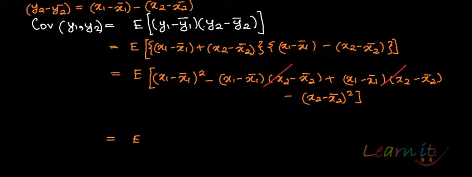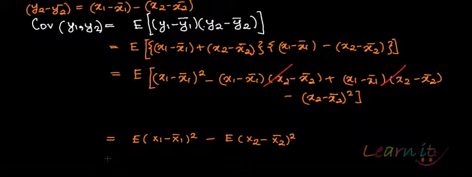E of (x1 minus x1 bar) square minus (x2 minus x2 bar) square, which on simplification can be written as E of (x1 minus x1 bar) square minus E of (x2 minus x2 bar) square. Is that right? What is E of (x1 minus x1 bar) square?